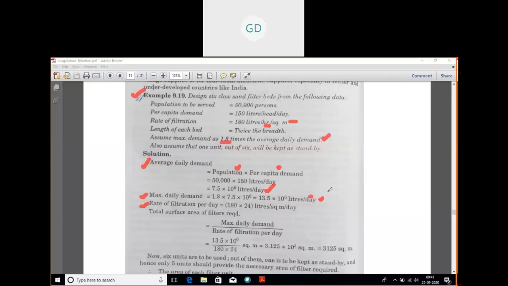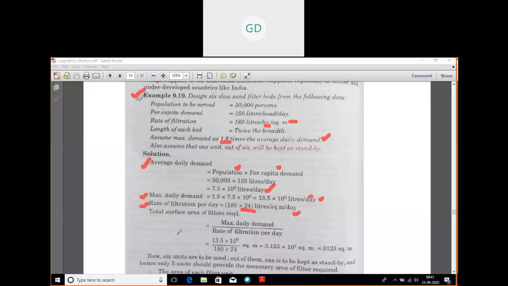We cannot use different units in a single numerical. So we need to convert hour into day, so we multiply the rate of filtration by 24 to get it in day.